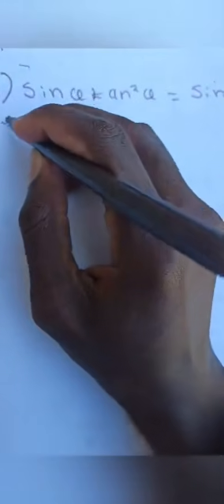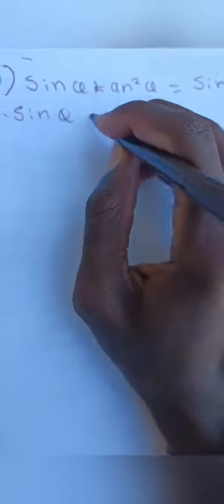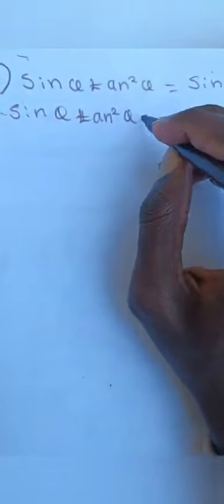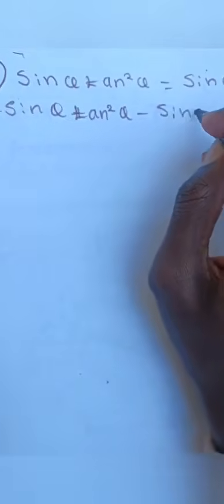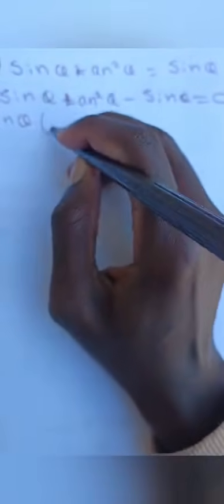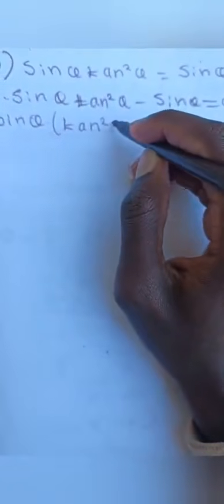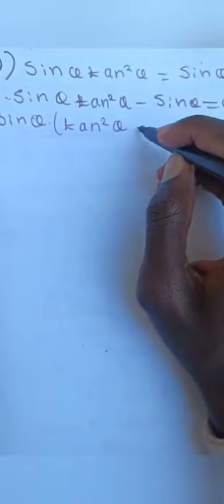They should be on the same side. So let's write like this: tan power 2 theta. This one will bring it on this side. Then we factor out tan. We factored out tan theta, right? So we've remained with tan theta minus 1.